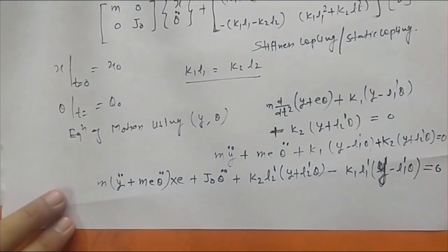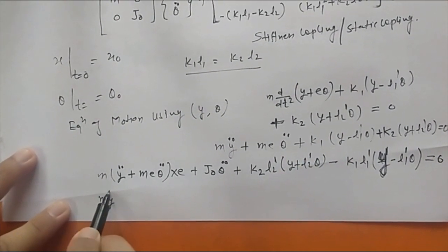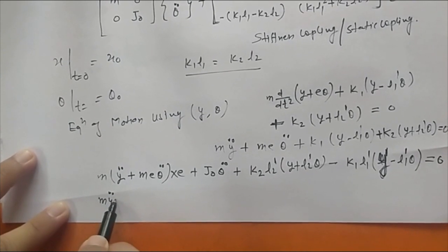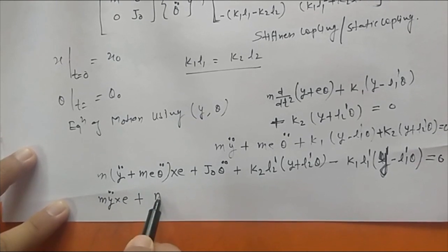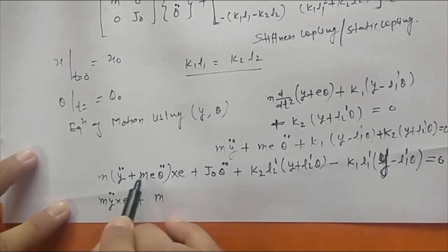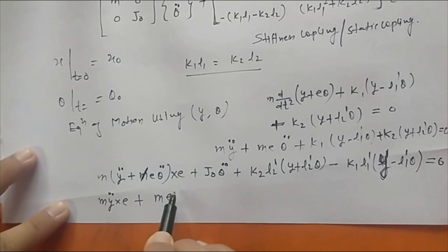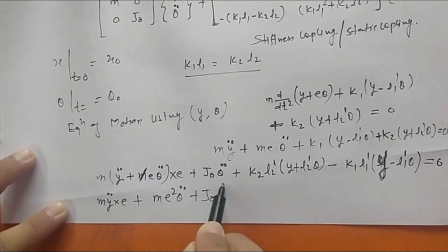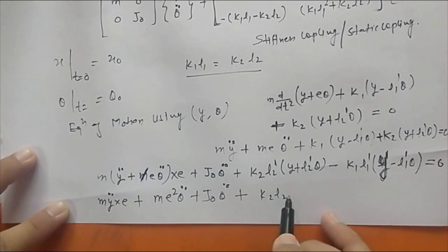Now we'll simplify this equation. So this is m y double dot multiplied by E, and this is plus m E theta double dot, multiplied by E, so m E square theta double dot, plus J naught theta double dot, plus these two terms.